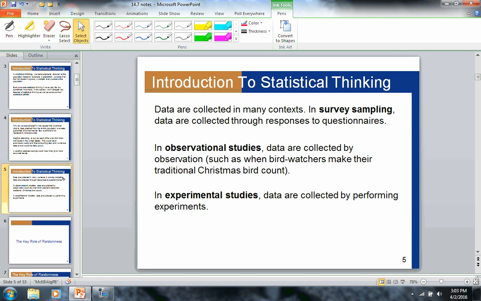Here they're collecting data on birds and watching birds. You could go to an airport and observe human behavior. And then there are also experimental studies, where you collect data from an experiment that you perform. That could be like taking a new type of drug to see if it will cure you of a certain ailment.